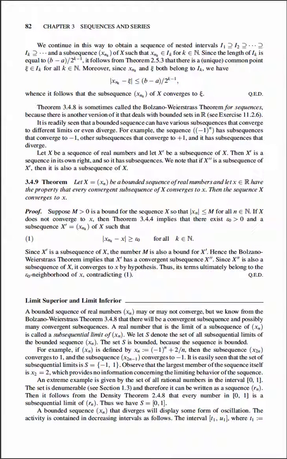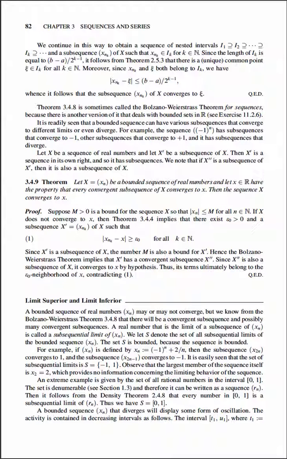Then we get into a discussion of what's called limit superior and limit inferior, or lim sup and lim inf. This is a concept that people tend to have a little bit of trouble with, but it's not a hard one. The idea is we think about the set of all subsequential limits of a given bounded sequence, and we look at the sup and the inf of that set.